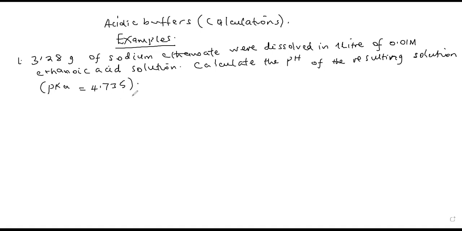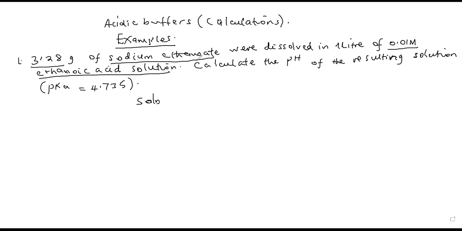The question is: 3.28 grams of sodium ethanoate were dissolved in 1 liter of 0.01 molar ethanoic acid solution. Calculate the pH. Before you overthink the pH, first know what type of solution this is.